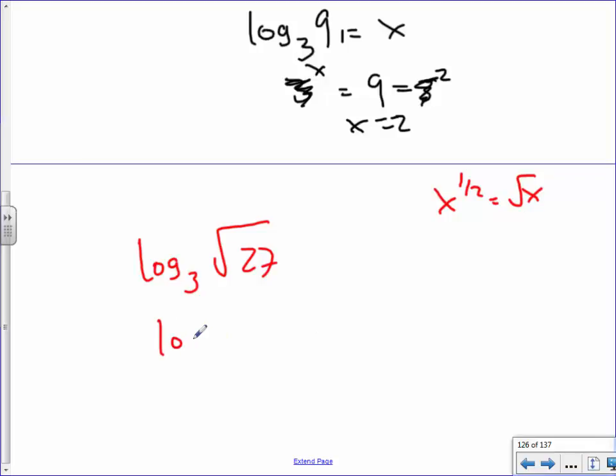So the reason why I wanted to show you this one is this is really log base 3 of 27 to a half. Why is that helpful? Well, at least in terms of one way of solving it, you can take that 1/2 and bring it in front of the whole logarithm, meaning this is now equal to 1/2 of log base 3 of 27.